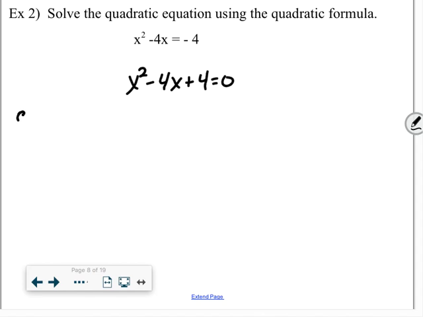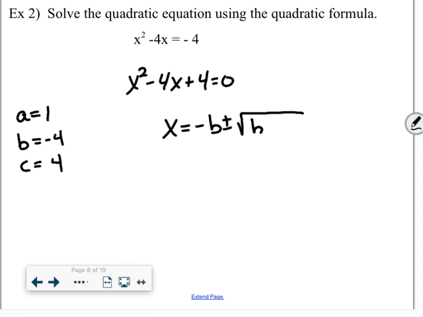Then Sophia, what is A? 1. All right, what is B? -4. Who's next? Tyra, what's C? 4. Here we go. So we're going to write x equals -b plus or minus square root b squared minus 4ac all over 2a.